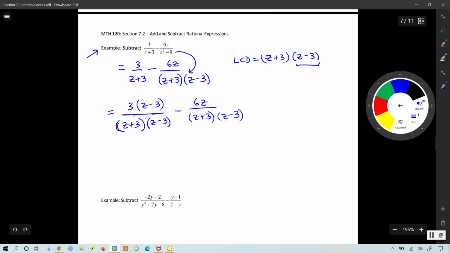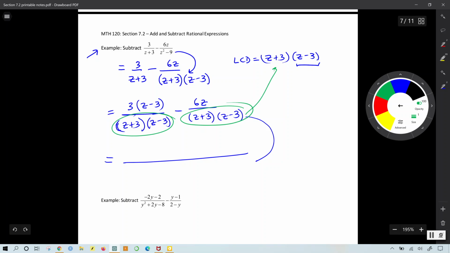Now that we have this set up, we can easily see that the two denominators match the LCD, and so we can write the denominator for the final fraction on the way and concentrate on working with the top. So you have 3 times z, 3z, 3 times negative 3, negative 9, negative 6z.